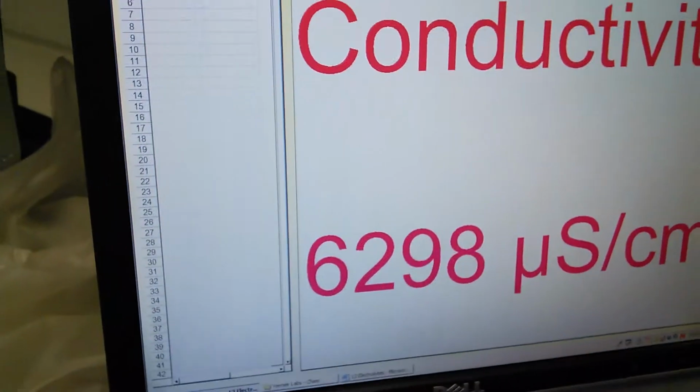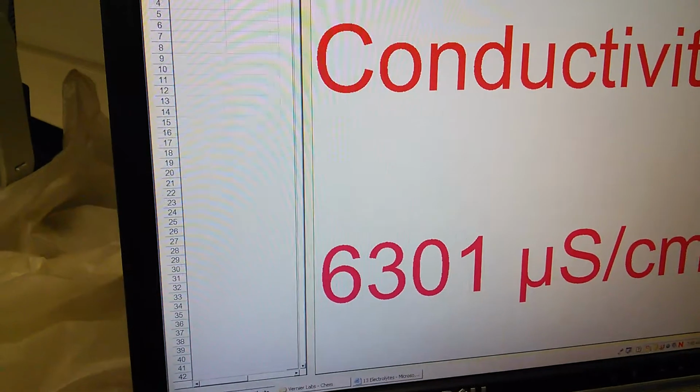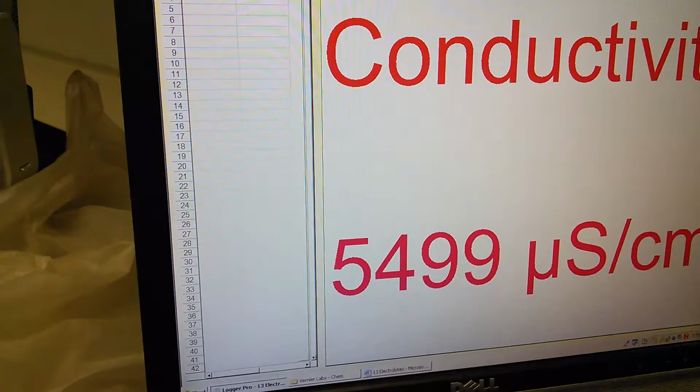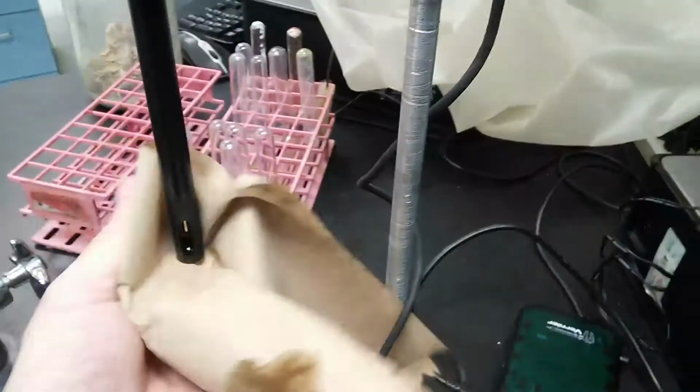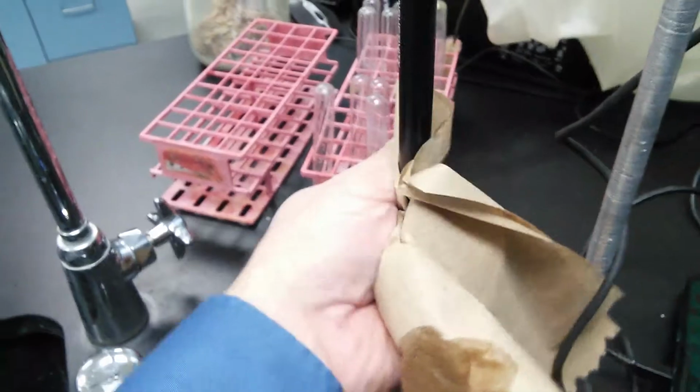Put it on there. There's our conductivity rating. Again, I'm going to take some distilled water, clean this off, and blot off the outside of the probe again.